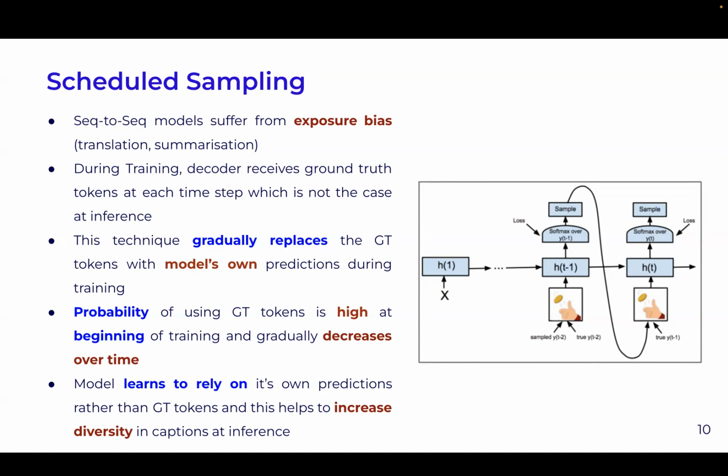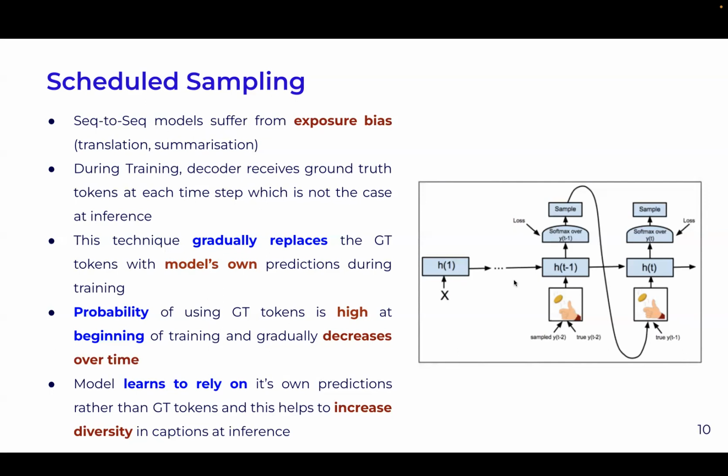But every image can be represented with an infinite number of captions. You can write in infinite ways how a caption for a particular image can look. So when the model has to generate captions for unseen images during inference, it has to be more diverse.